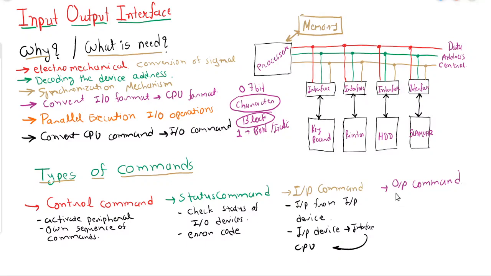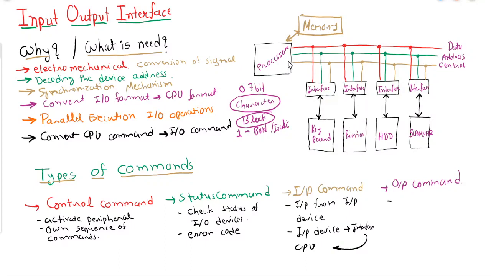This is how the input command will work. And the last command is the output command. Let's discuss how it will work. The output command causes the interface to respond by transferring data from the bus into one of its registers. Let's say the processor wants to send data to the printer.